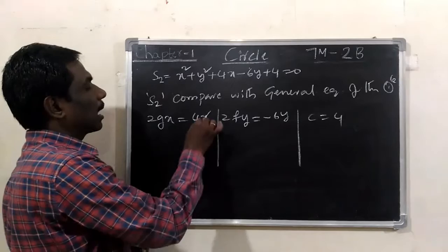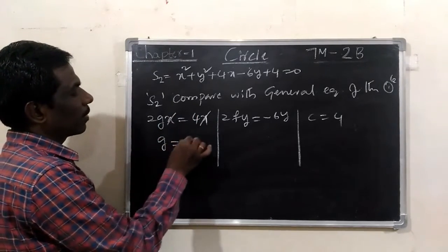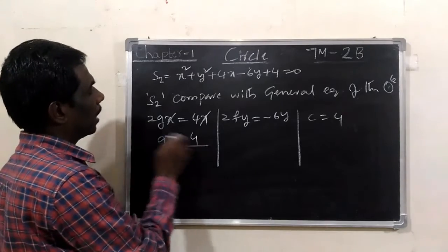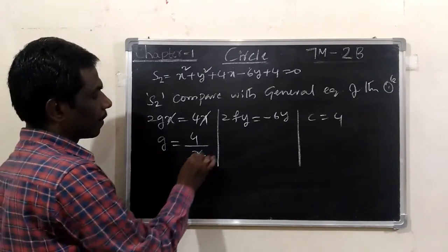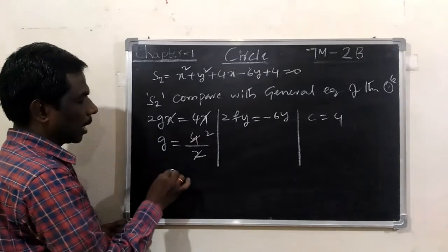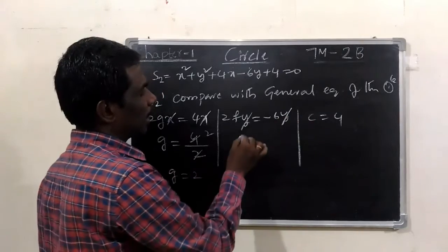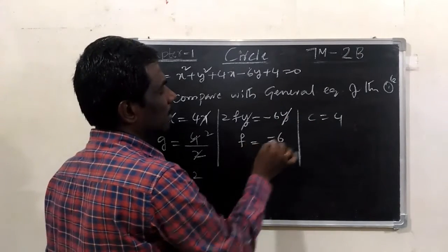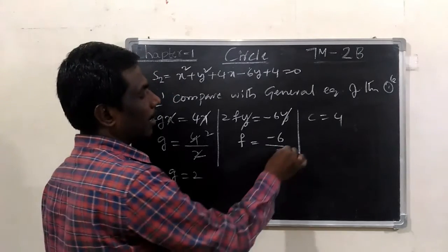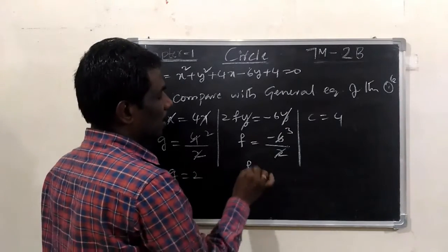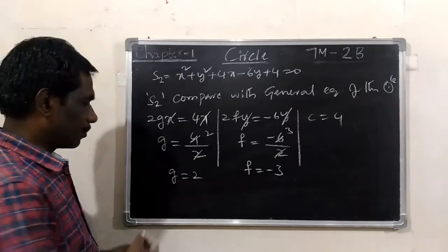Here we can cancel x on both sides and write g equals 4 by 2. 2 twos are 4 and g equals 2. And cancel y on both sides. f equals minus 6 by 2, and 2 threes are 6. So f equals minus 3, and c equals 4.